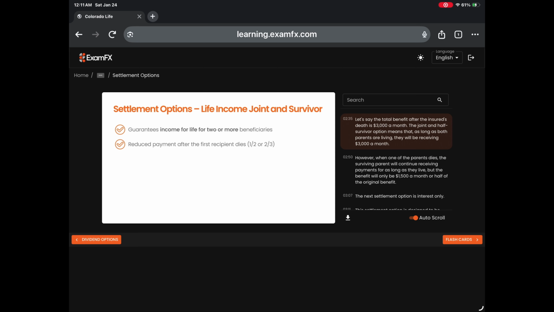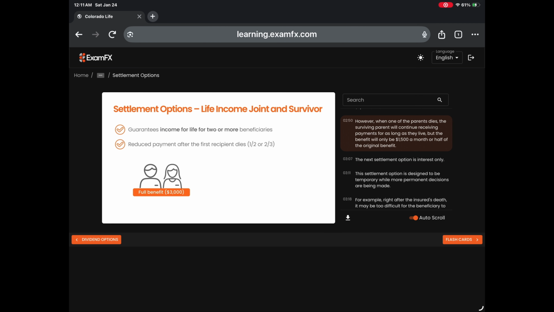The joint and half survivor option means that as long as both parents are living, they will be receiving $3,000 a month. However, when one of the parents dies, the surviving parent will continue receiving payments for as long as they live, but the benefit will only be $1,500 a month, or half of the original benefit.